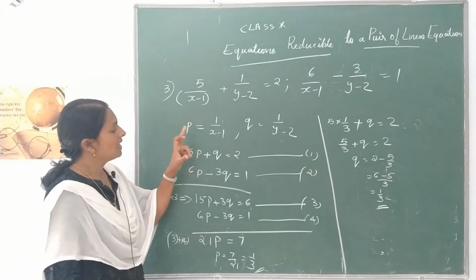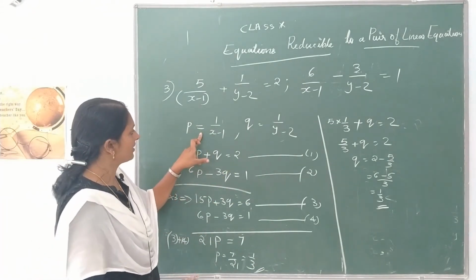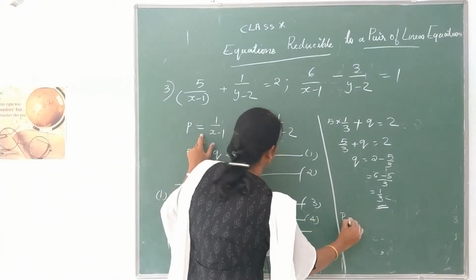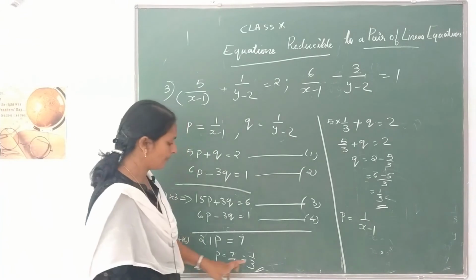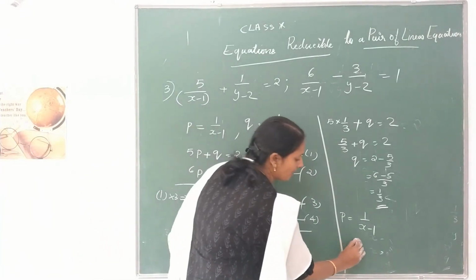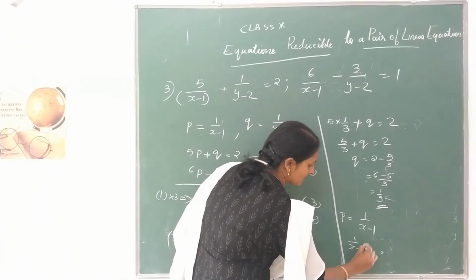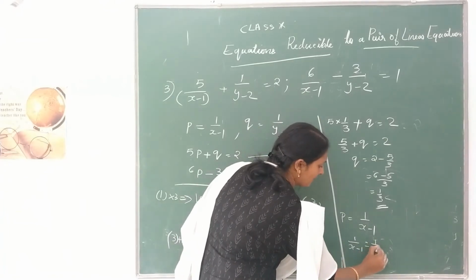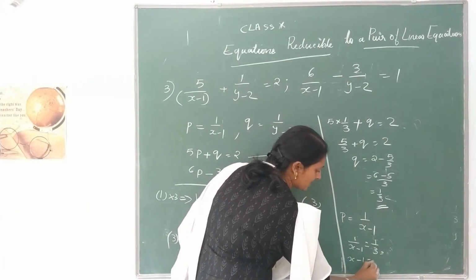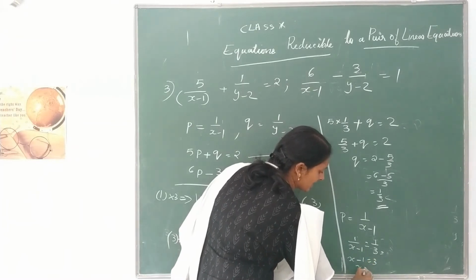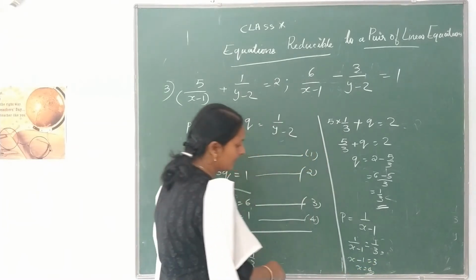Then substitute this in equation P is equal to 1 by x minus 1. Then the value of P is equal to 1 by 3. Therefore 1 by x minus 1 is equal to 1 by 3. Then cross multiplying we will get x minus 1 is equal to 3. Then x is equal to 4.